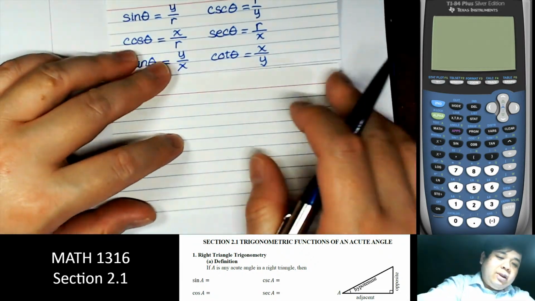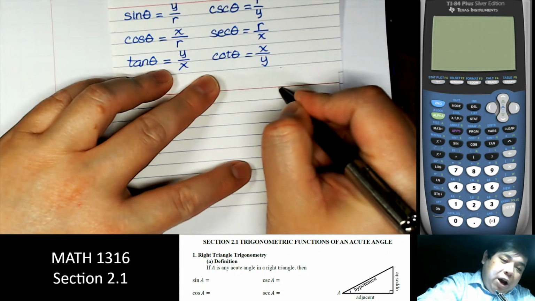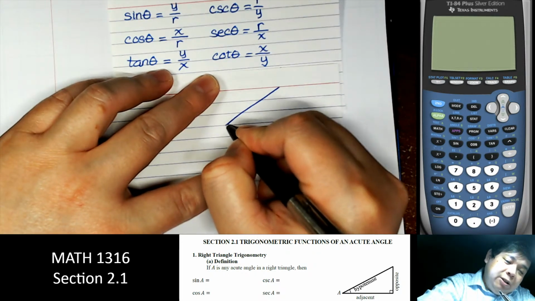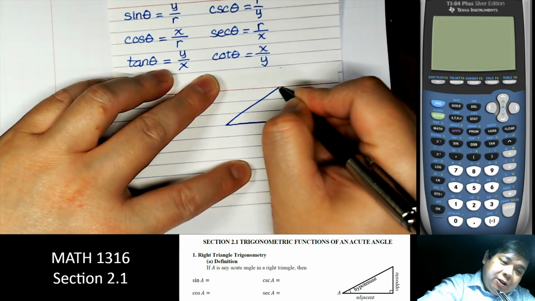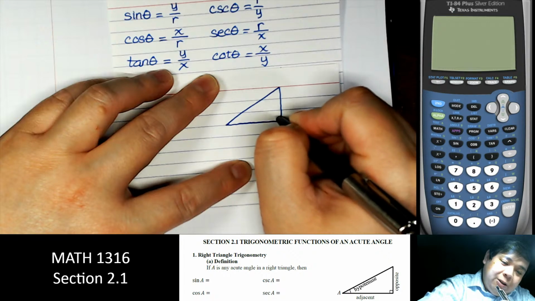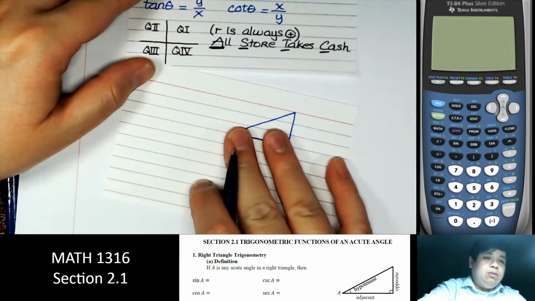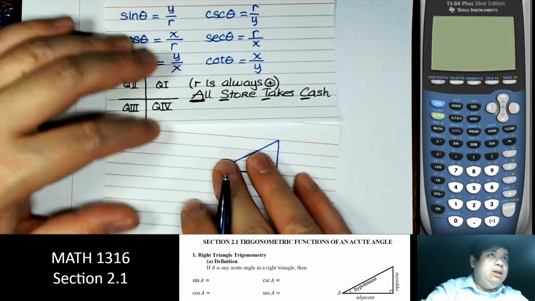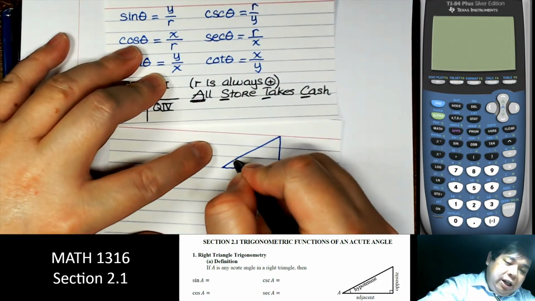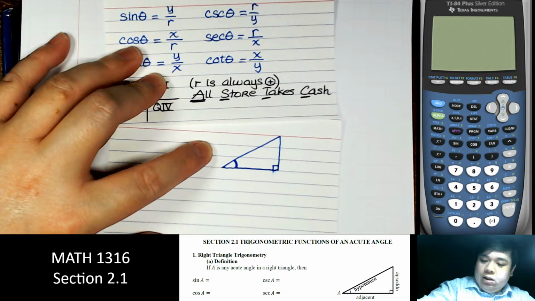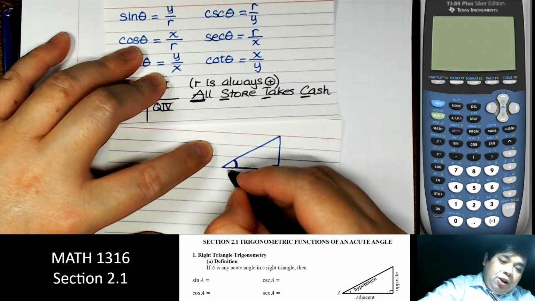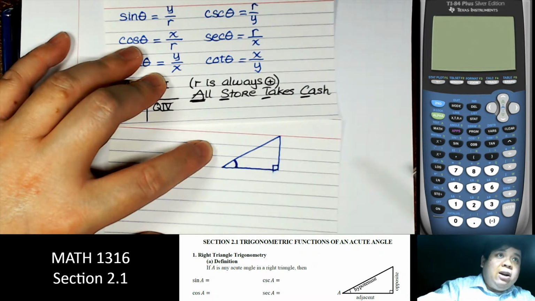Now, see if we have a right triangle. And the angle is going to be here. This is the opposite side of that angle.